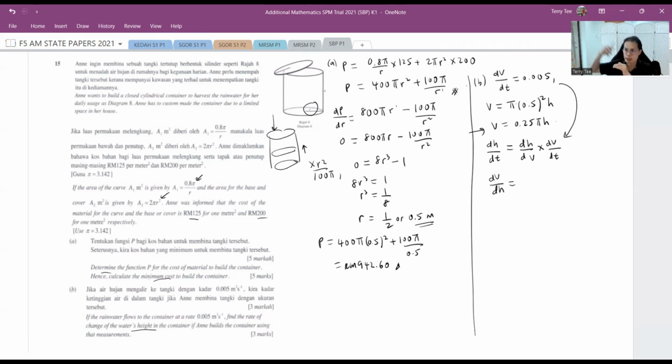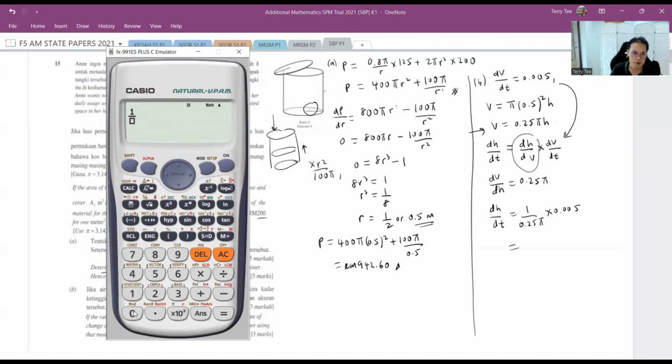If you pour water inside, the height will increase. So you get 0.25 pi. Now I'm finding dH/dt, so dH/dV is 1 over dV/dH. So 1 over 0.25 pi, multiplied by 0.005. Let us simplify this, everyone.